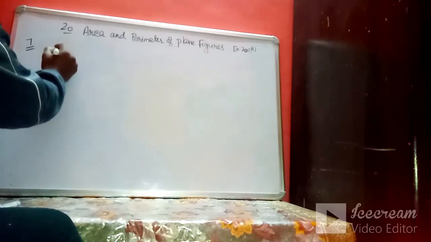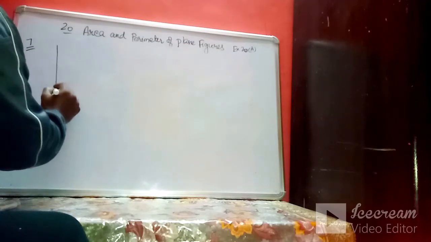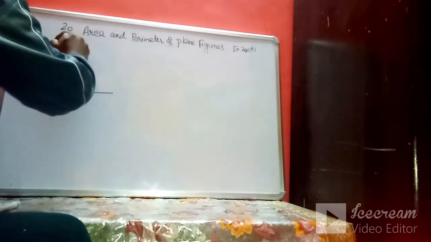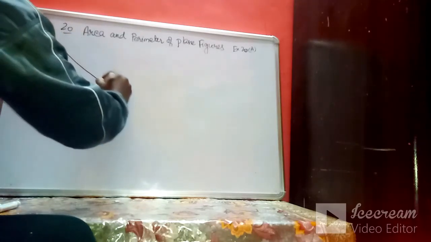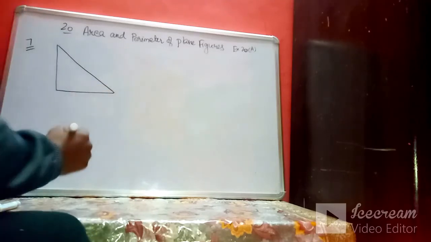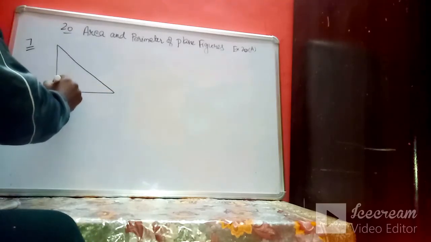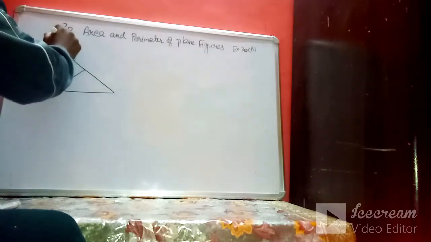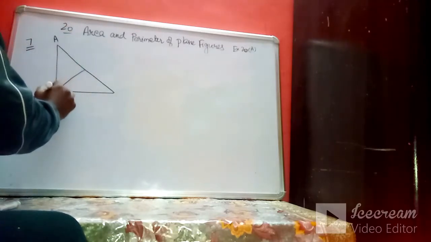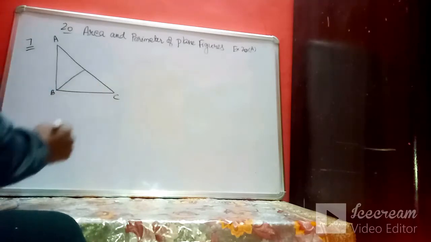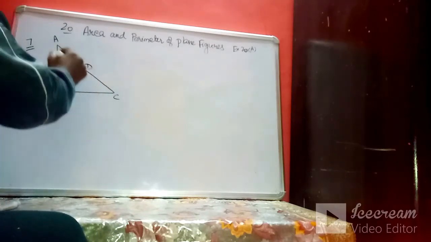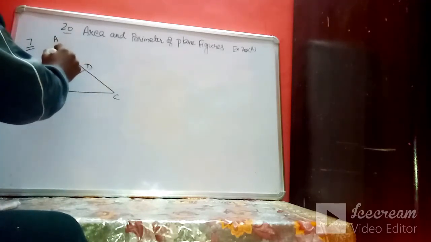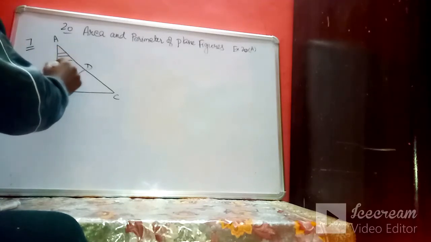That means this is a right angle triangle, and this is an equilateral triangle. We have to find the area of the shaded portion. This area we have to find.